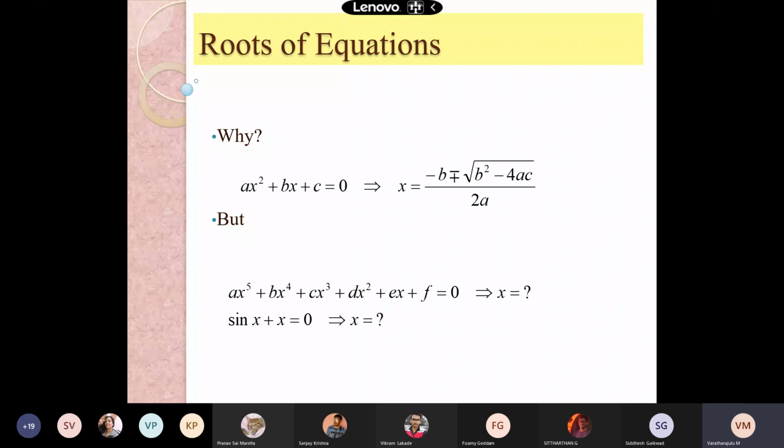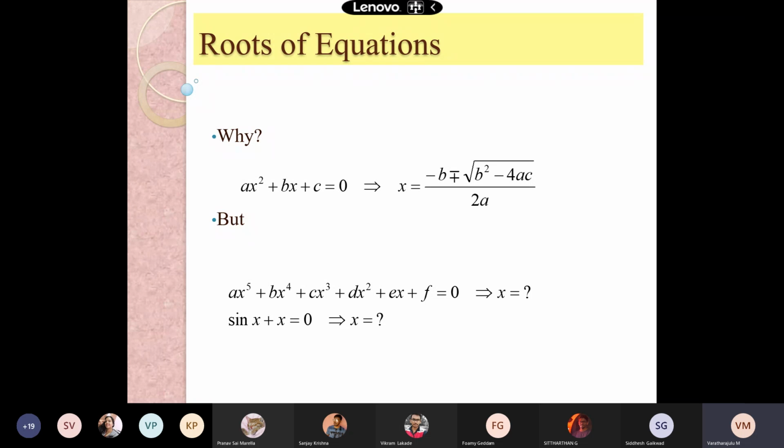But when we have a higher order equation, how can x be found, that is our objective. I have given a 5th-degree equation, and when there is a non-linear equation, we were already taught about linear and getting the results for linear and non-linear. That is what we started with in unit 2.